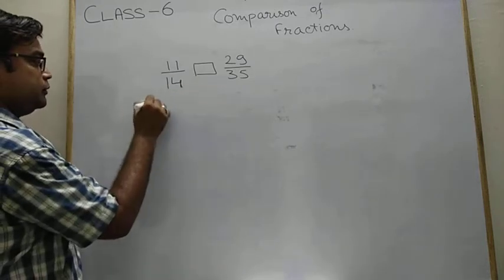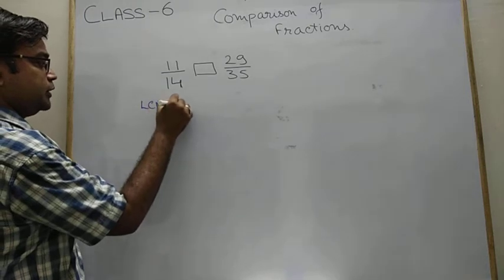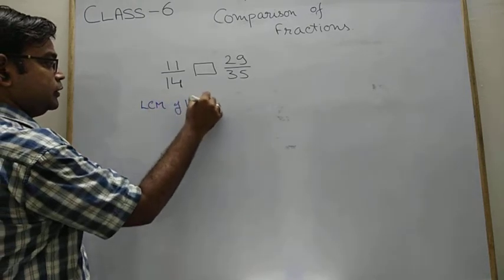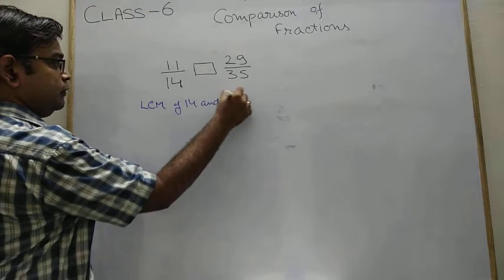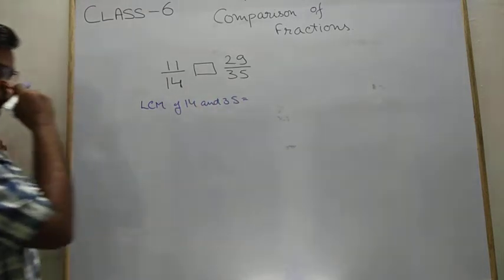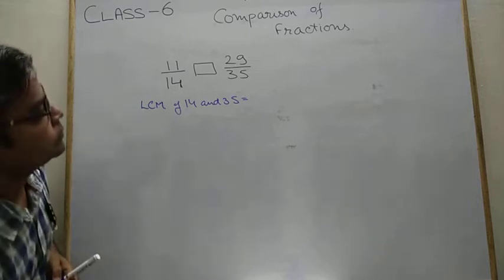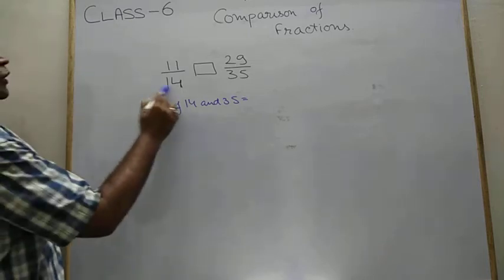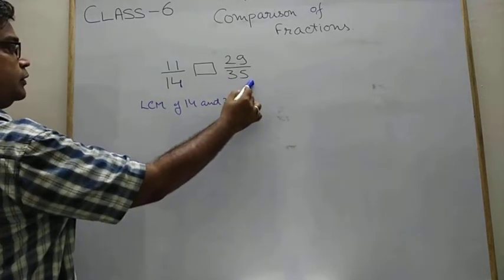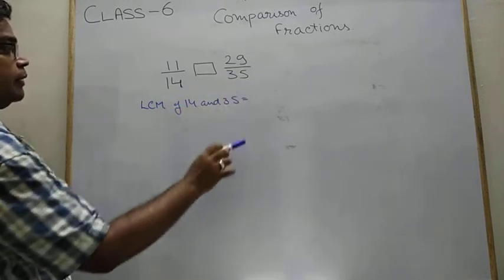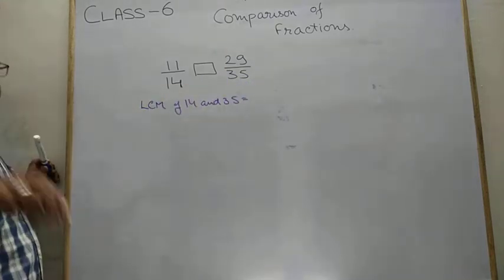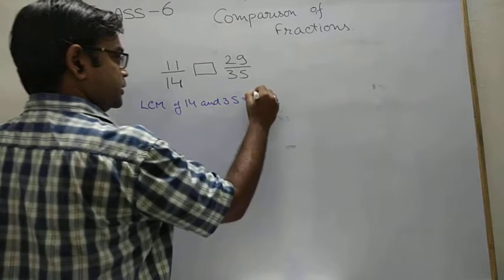So we must first find the LCM of 14 and 35. 14 is 2 into 7, 35 is 5 into 7. 7 is common, 2 and 5 are not common. So 2 into 5 into 7 is 70. So the LCM is 70.